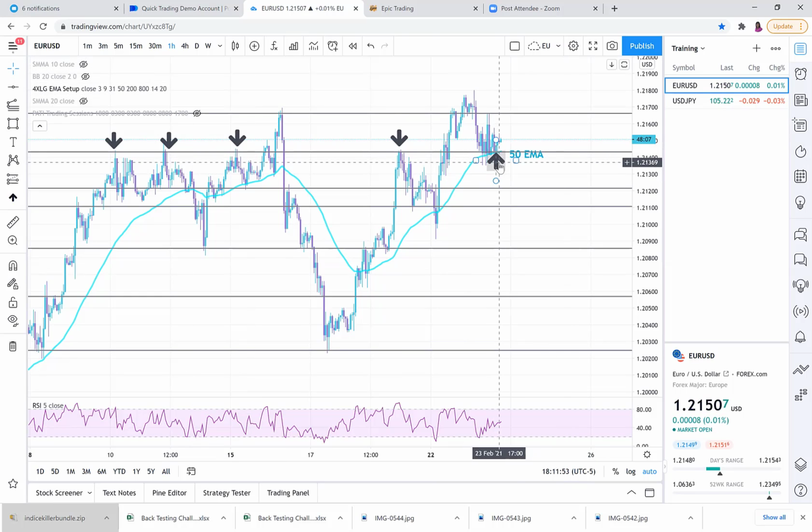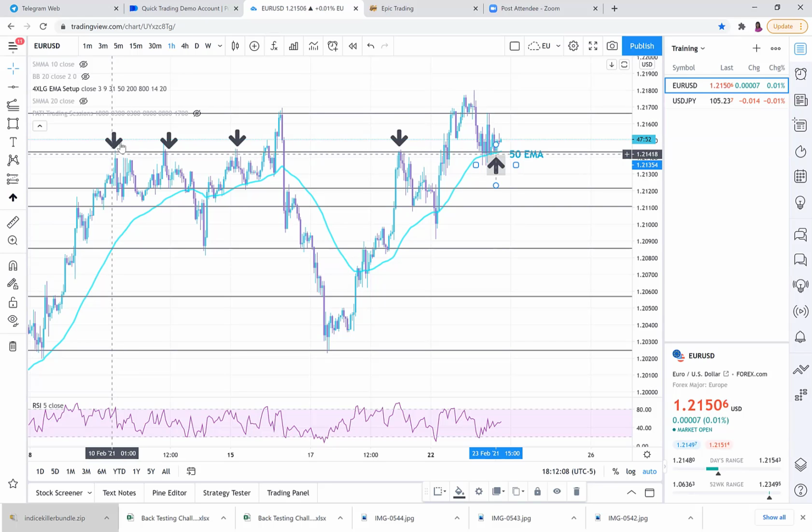Select my crosshair. Now I can move these around. So for these areas, this zone is serving as resistance. Think about it as your hands are up and you can't reach through the ceiling. So for these three candles here, it's the resistance because the top of the candle just can't quite reach through it.